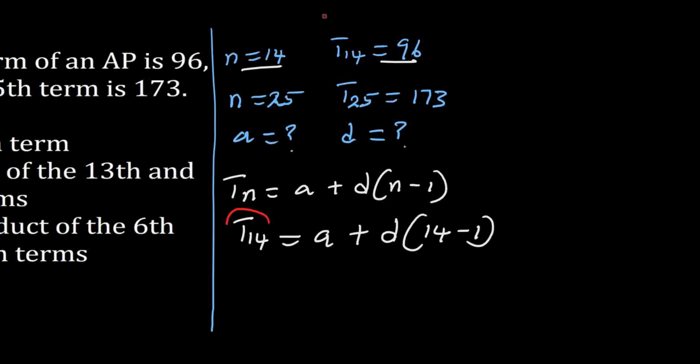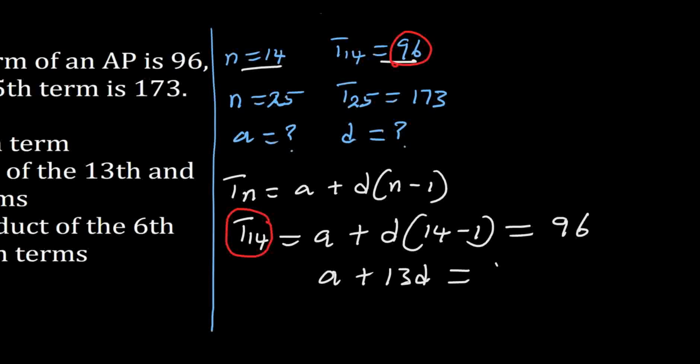Instead of changing that to 96, we can simply equate this to 96. So this becomes a plus 14 minus 1 is 13, so 13d equals 96. We can call this equation 1.